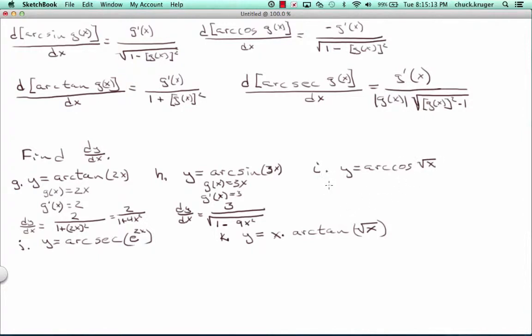Over here, g of x has been defined as the square root of x, which is the same as x to the 1/2 power. So g prime of x is going to be 1/2 x to the negative 1/2 power.